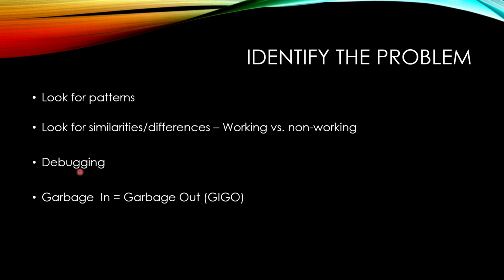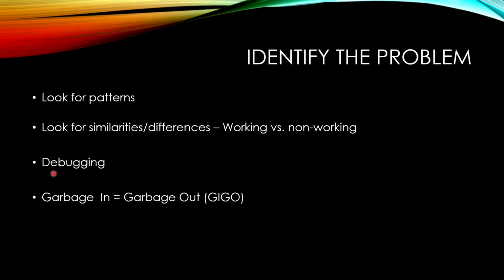We can use our debugging tools. This is one that we probably do the most because most of the troubleshooting we do right now involves fixing code that we're writing at the time, right? So we understand where the problem is, and for the most part, it's in this section of code because it's the section I just wrote.